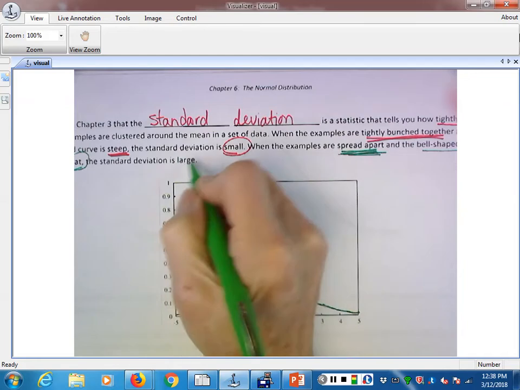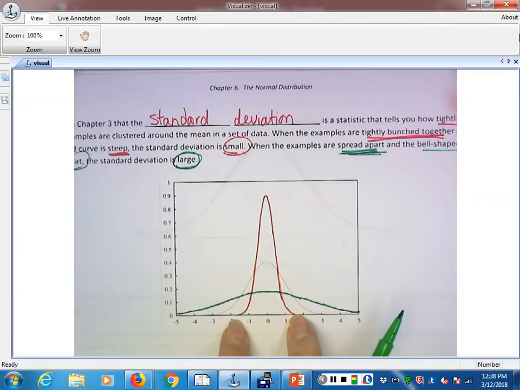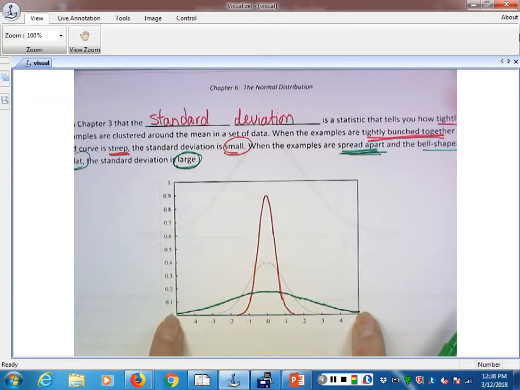Then the standard deviation is large. Less variability, small standard deviation. More variability, large standard deviation. Okay?